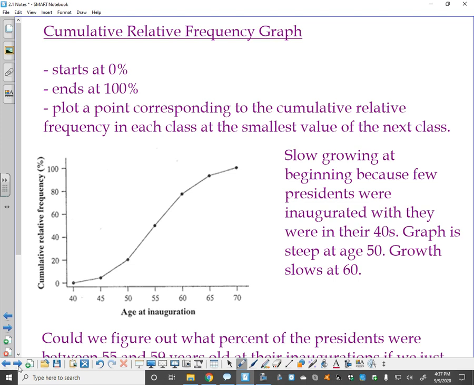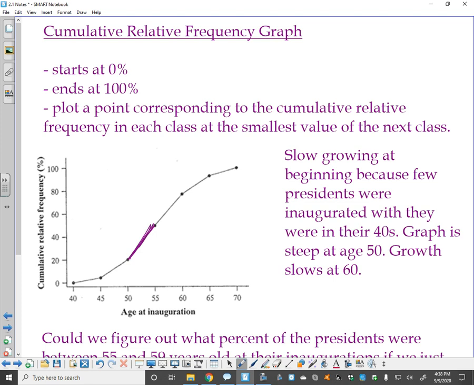Start growing at the beginning. Slow growing at the beginning because few presidents were inaugurated when they were in their 40s. Graph is steep at age 50. Growth slows at age 60. So I've got a lot of presidents that are here.